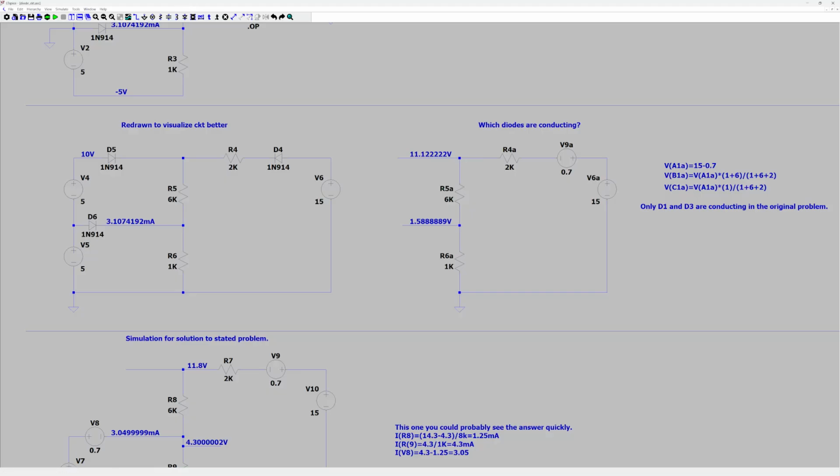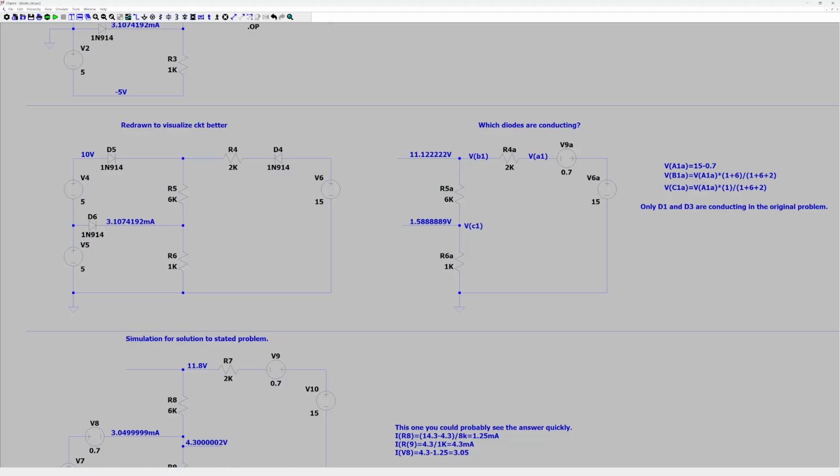Here's VA1, and VB1, and VC1 would be here.